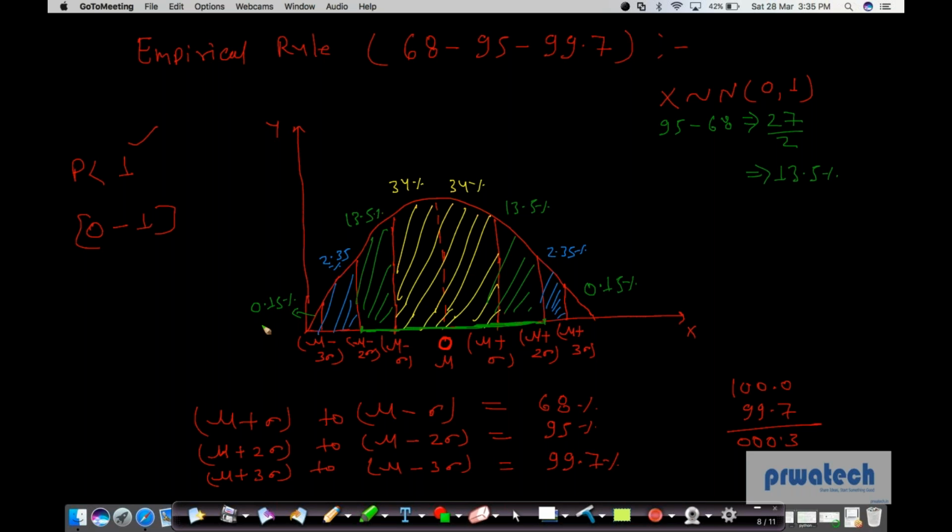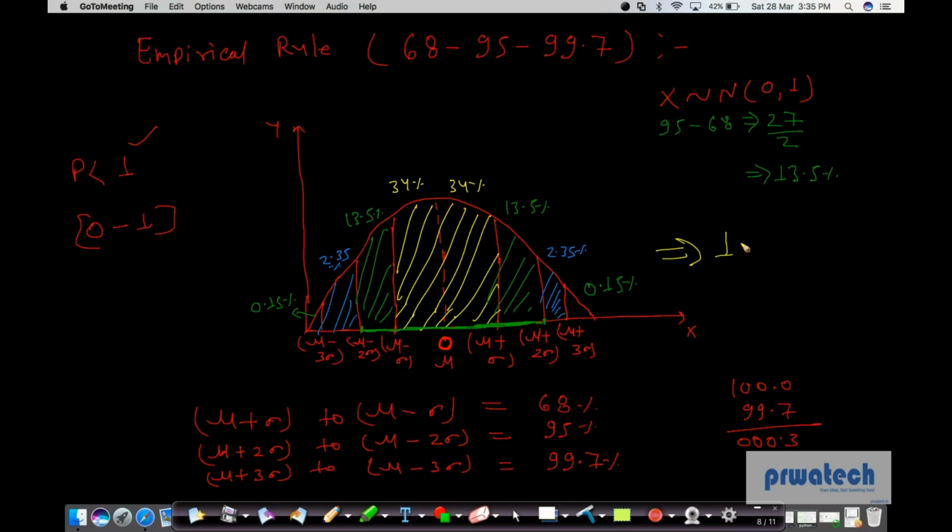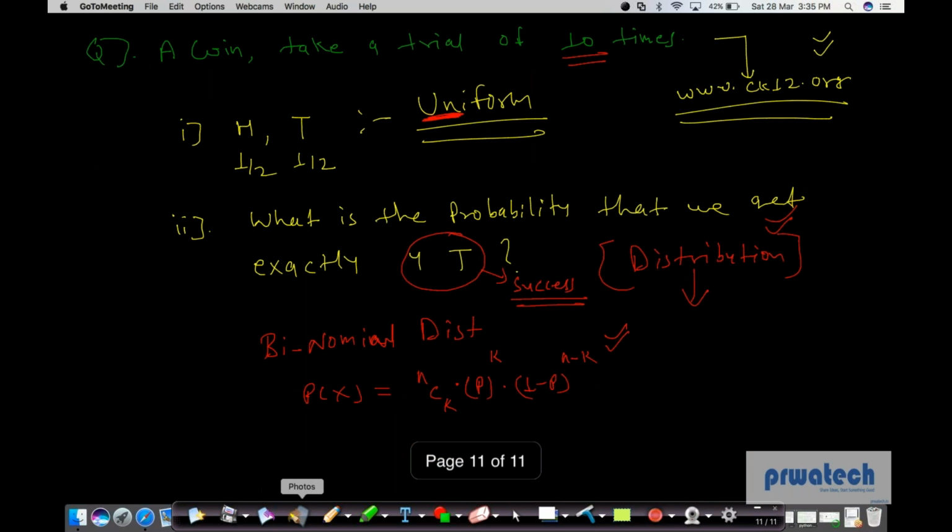If I add all these points, this whole area is equal to 100% maximum probability. So symmetrically this is distributed, and when we know that data is normally distributed, we can answer a couple of questions. And the question is coming right here.